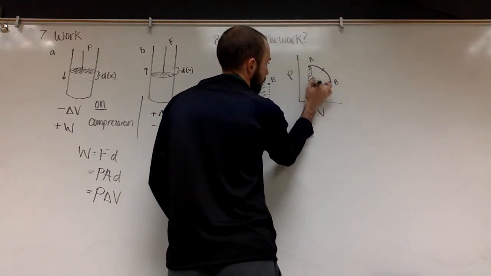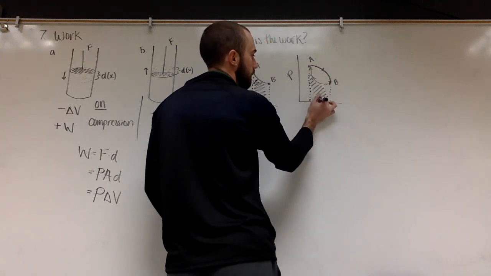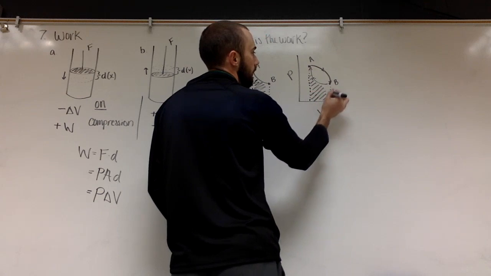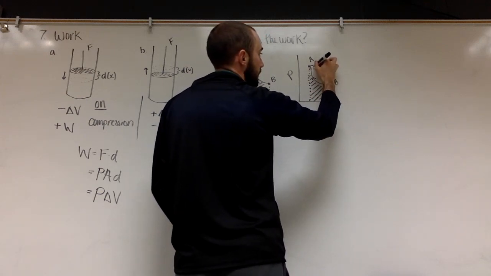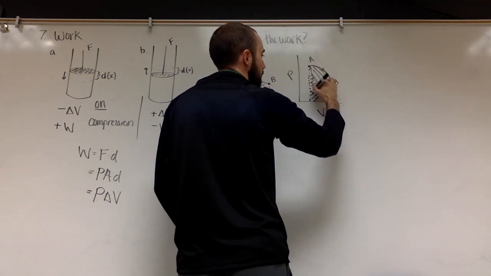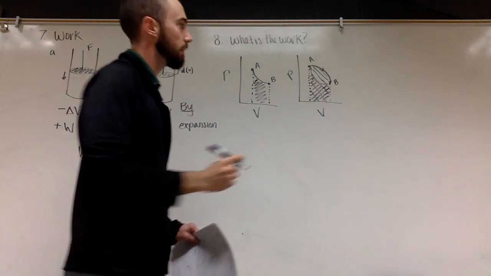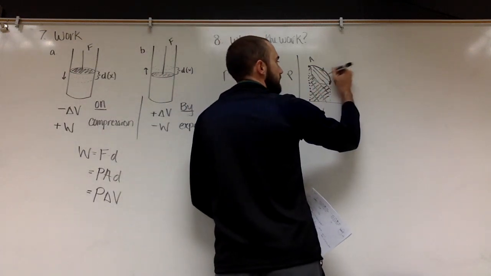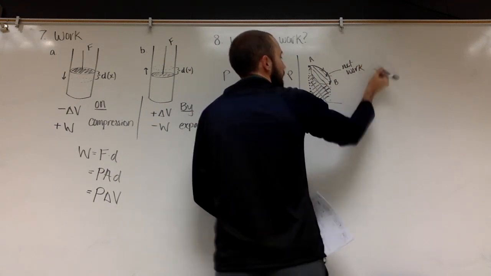So this area under here is the work of process B to A. Let me finish those lines. Now, the area under this graph here is going to be the work done by process AB. You'll notice that one's a lot bigger. This difference between them, this is the net work.